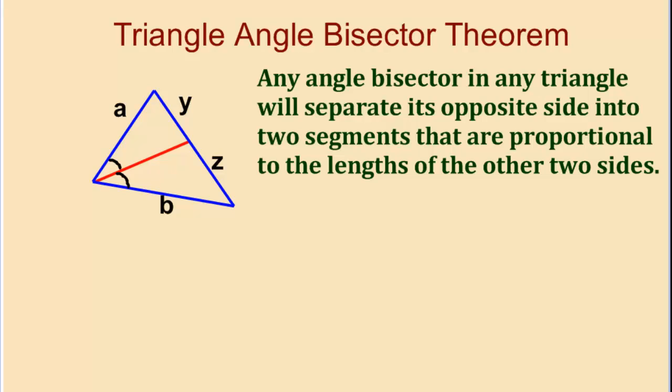I'm going to name some of the segments around the triangle now. We have side A, we have side Y and side Z, which are not necessarily congruent. Y and Z do not have to be congruent; this and this could well be different lengths.